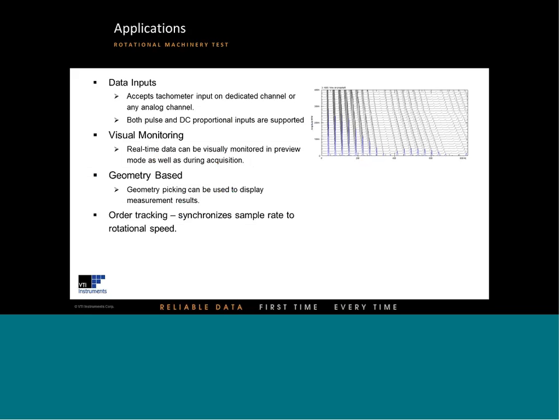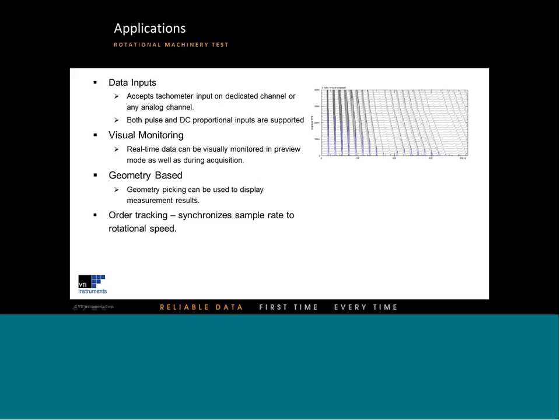Again, we have extensive visual monitoring of the data as it comes in. Shown here is a waterfall display of a time-varying process. You can see the changes as the rotational speed changes quite slowly here. And we can also use the geometry to pick points to select where we want to view the data.